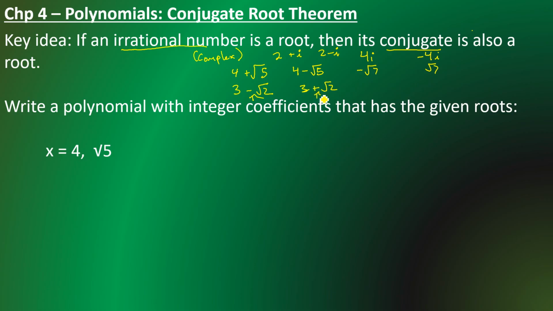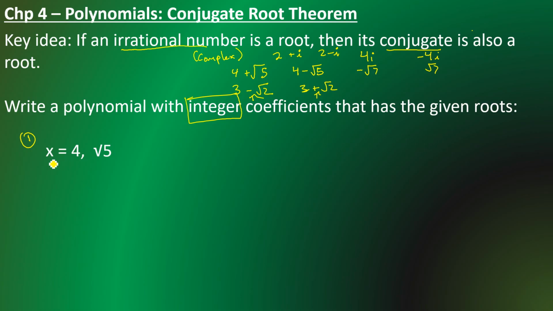So those are conjugates, just as a quick rehash, and that gets us to how we would write a polynomial with integer coefficients. So again, if you get square roots or i's into your final answer, you have made a mistake.